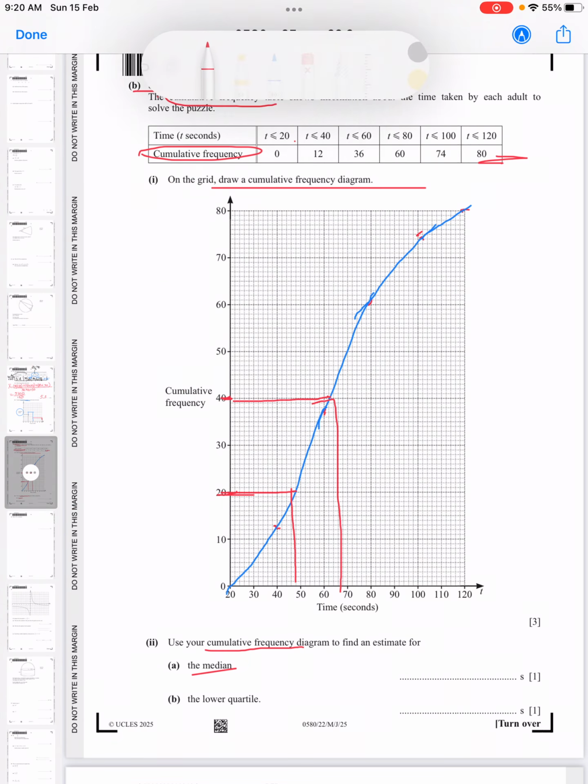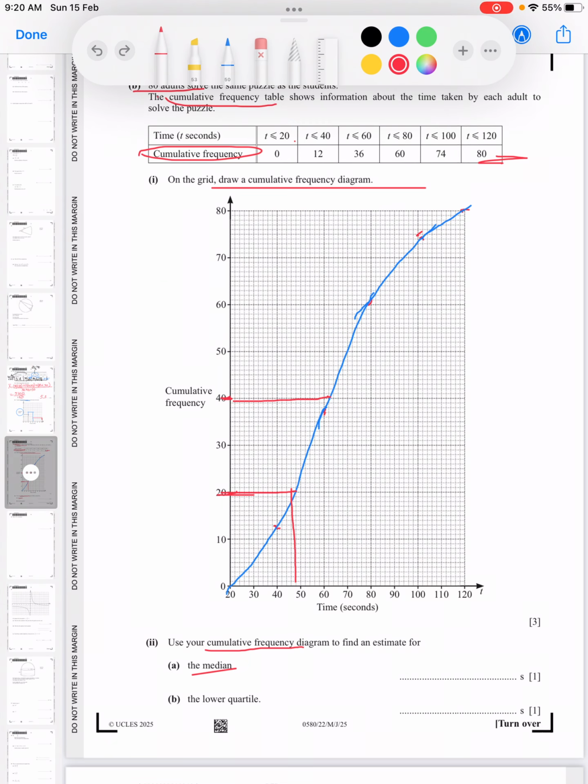I don't write exactly. So both of them come out to be, I will give you the answer for both of them.